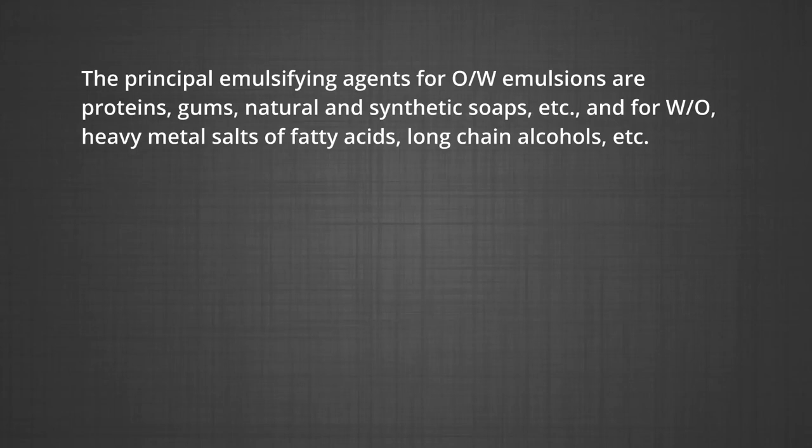The principal emulsifying agents for O/W emulsions are proteins, gums, natural and synthetic soaps, etc. And for W/O, heavy metal salts of fatty acids, long chain alcohols, etc. Emulsions can be diluted with any amount of the dispersion medium.